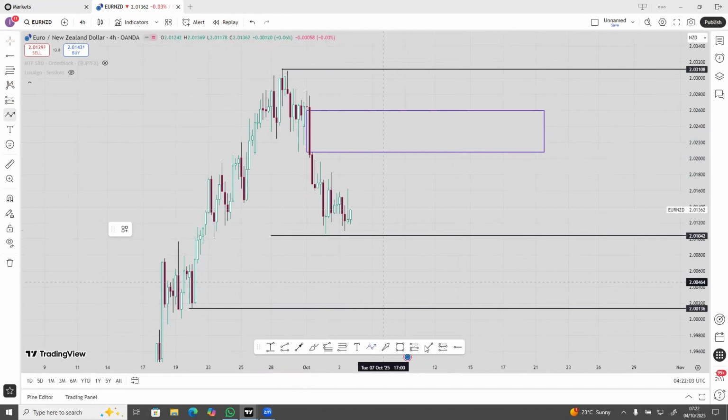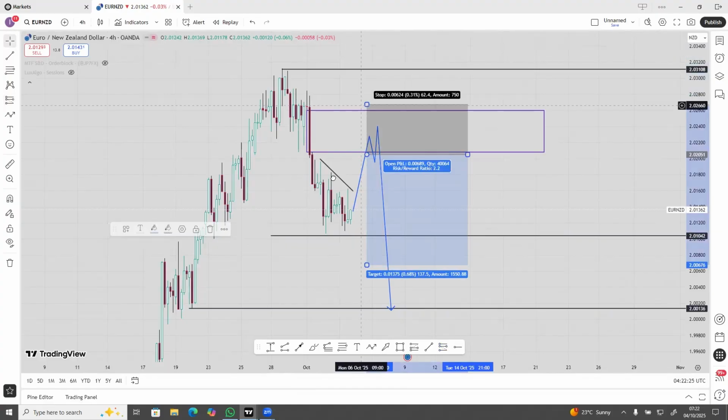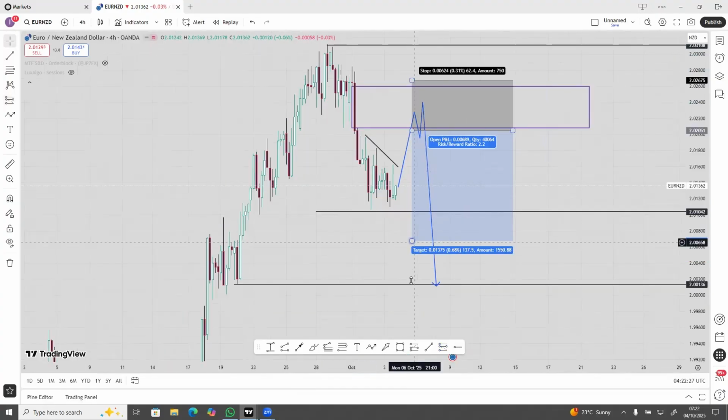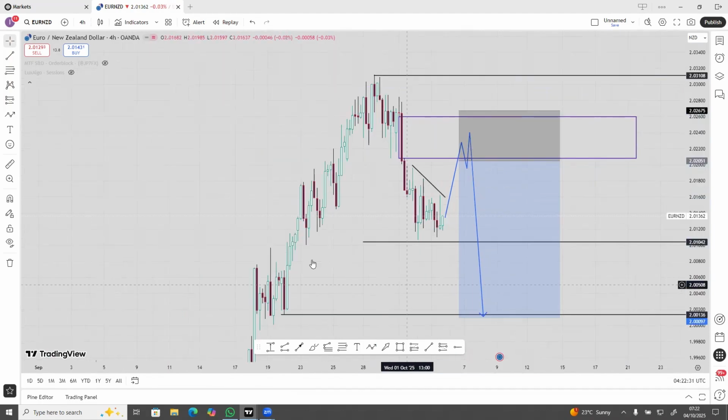Also, it contains some trend liquidity. So we have to wait for mitigation of that FVG, and then you can take a short position on that fair value gap. Take it straight from that FVG, and then you can target lower. So that is it on Euro NZD.